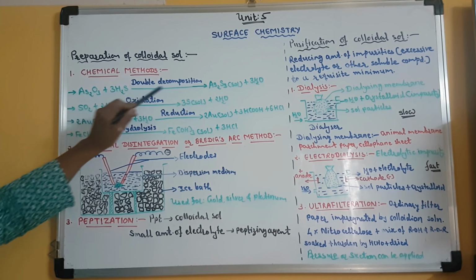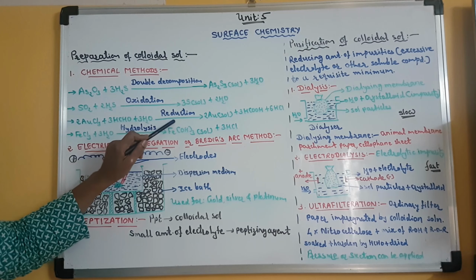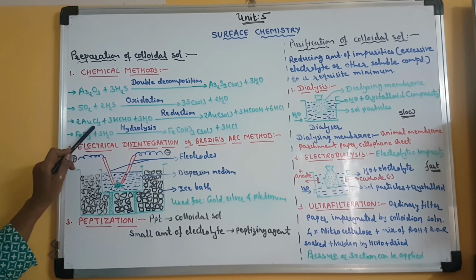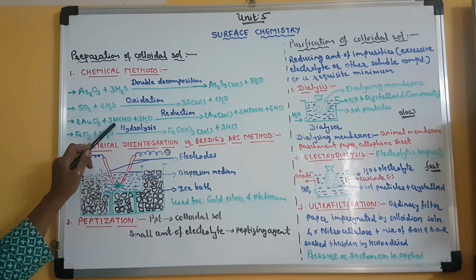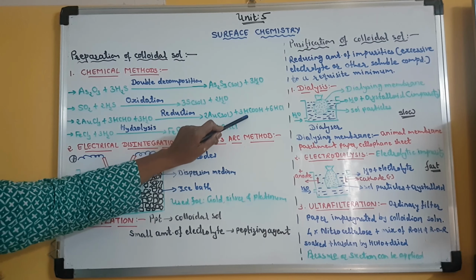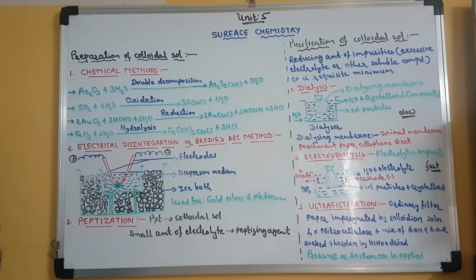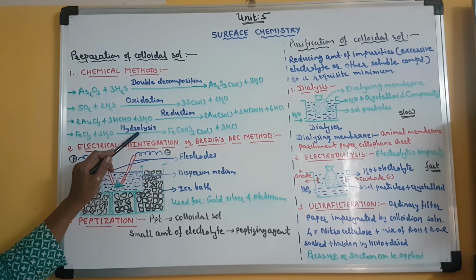The third technique is the preparation of gold sol by the reduction method. So here AuCl3 is reacted with formaldehyde and water, so we get the sol of gold, and formic acid and HCl are obtained. The fourth technique is hydrolysis.